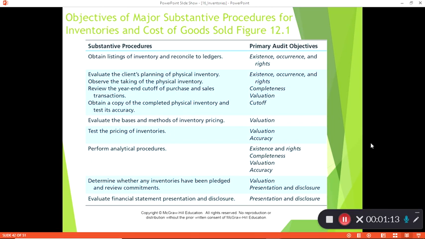These are nice because in one place you can see the test and the assertion it relates to, and it's good to make sure you understand why this test helps with existence or completeness or evaluation.